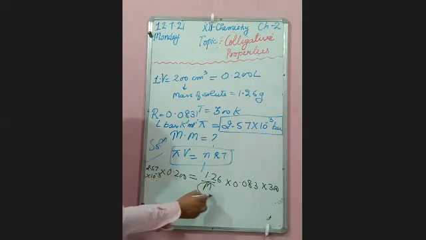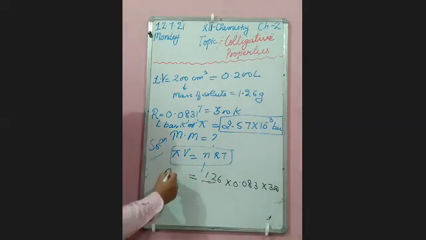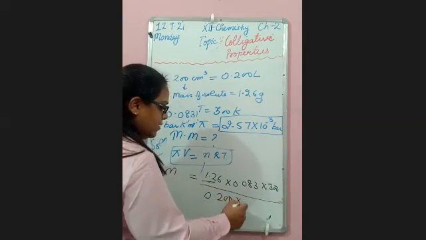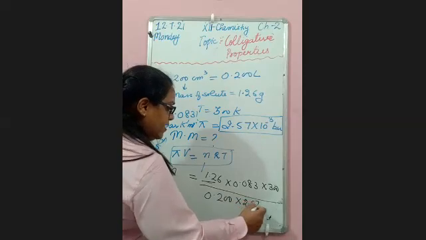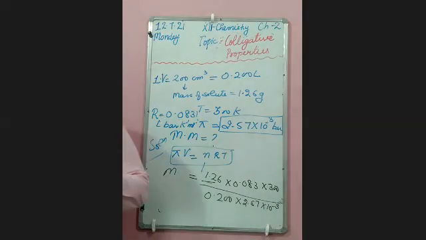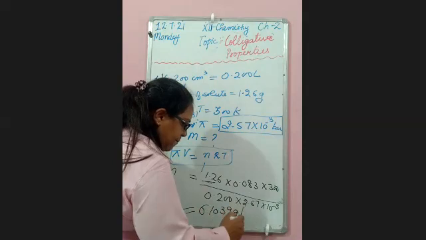You only have to calculate this. So I am taking this term here, it will be 0.200 into 2.57 into 10 raised to power minus 3. Solve it fast and tell me the answer. It will be 61039 gram per mole.